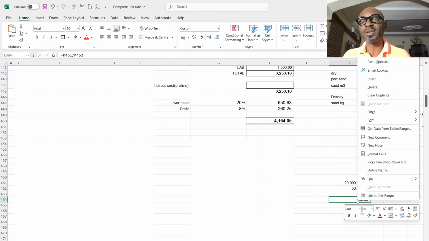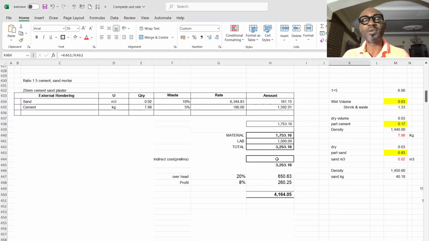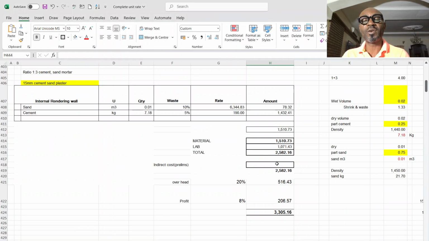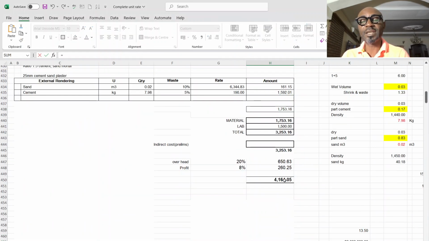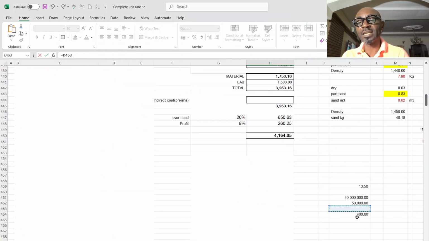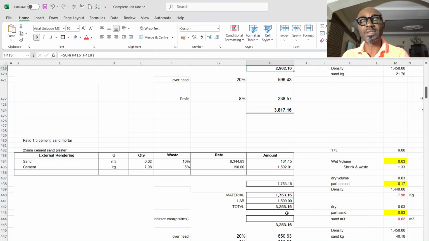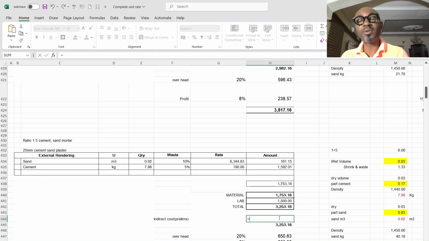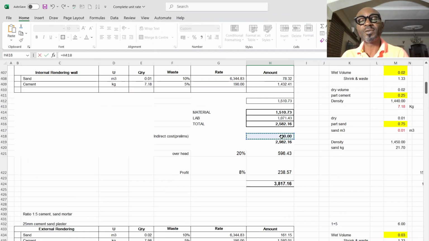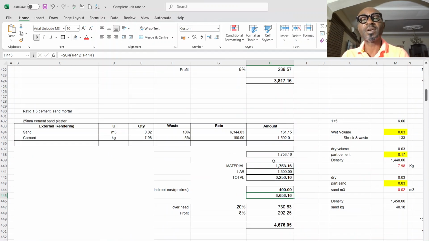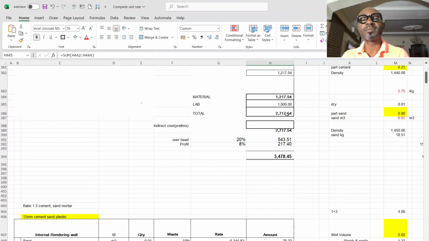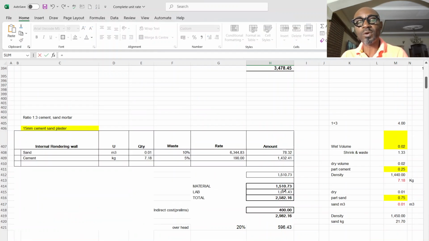So I have 400 per square meter for all my expense for the indirect. This is an assumption because it is not properly built. So we're having a 400 all through.